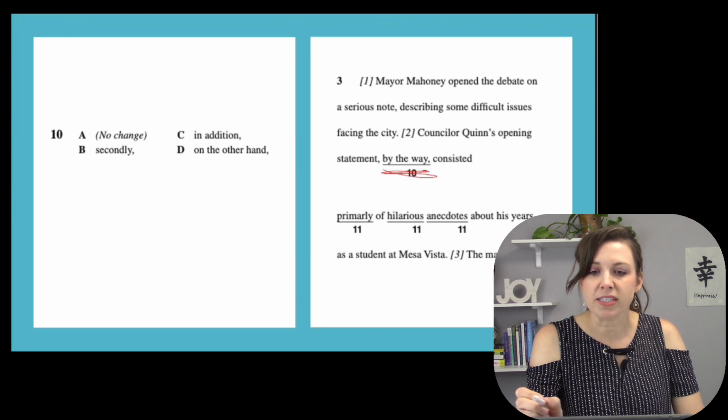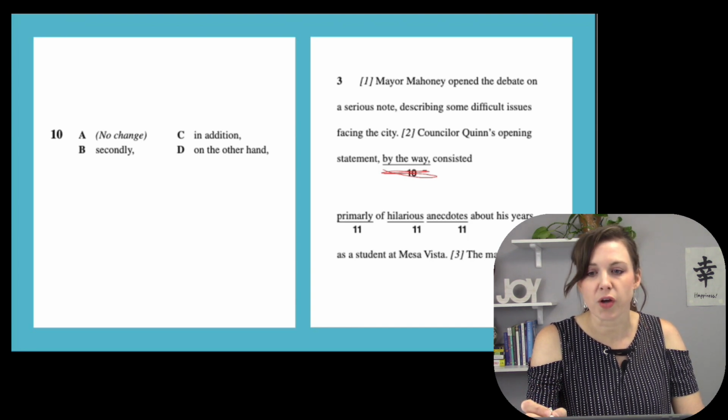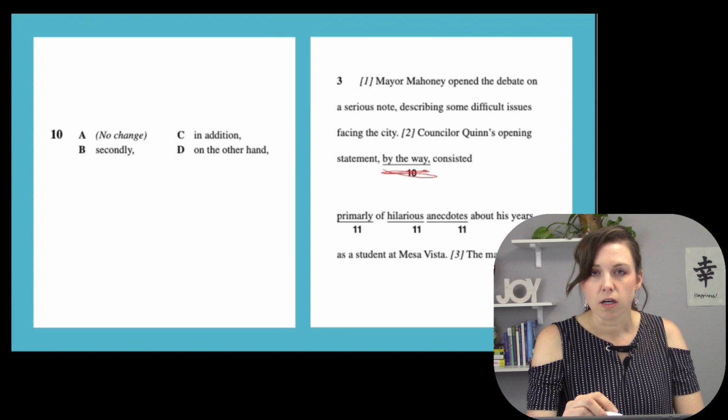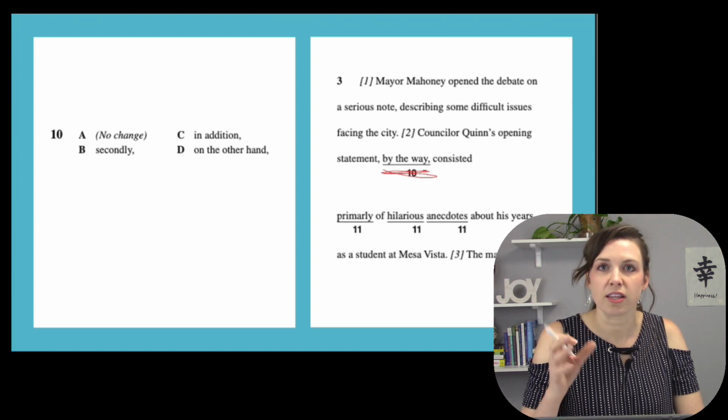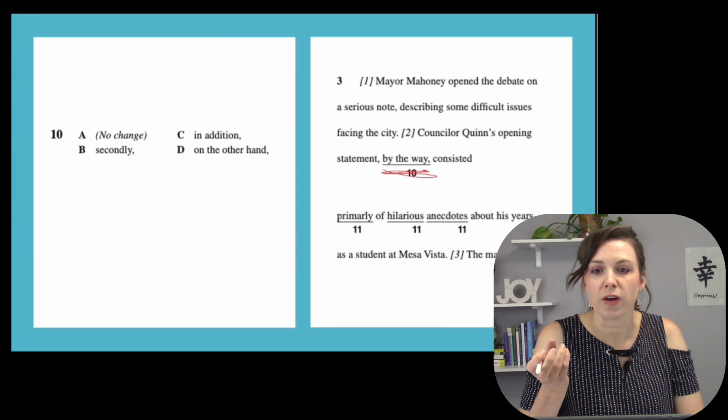Mayor Mahoney opened the debate on a serious note, describing some difficult issues facing the city. Counselor Quinn's opening statement, by the way, consisted primarily of hilarious anecdotes about his years as a student at Mesa Vista. Right? So here, we're changing essentially the tone, right?